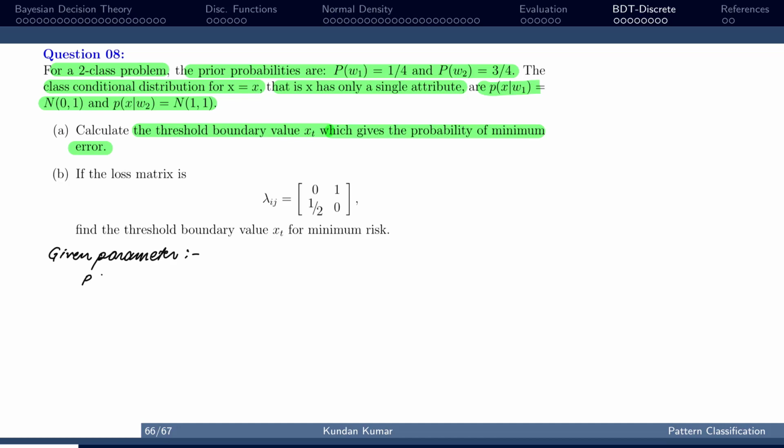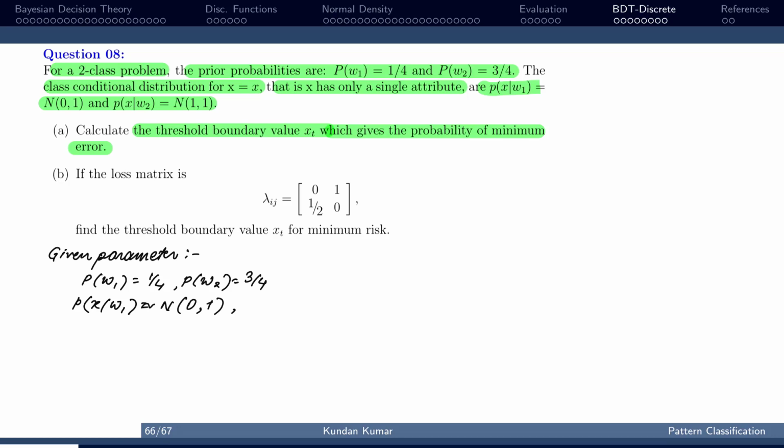We have given the prior probability for class 1 as 1 by 4, the prior probability of class 2 as 3 by 4, and also the class conditional probability of class 1, which is the normal distribution with zero mean and unit variance.